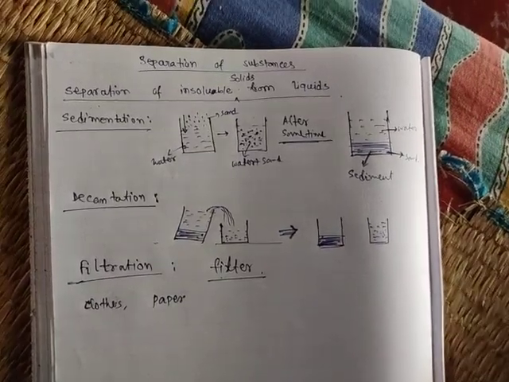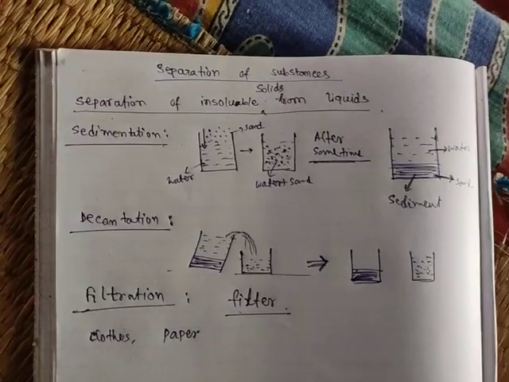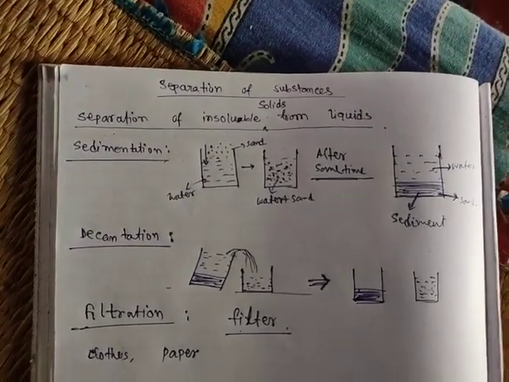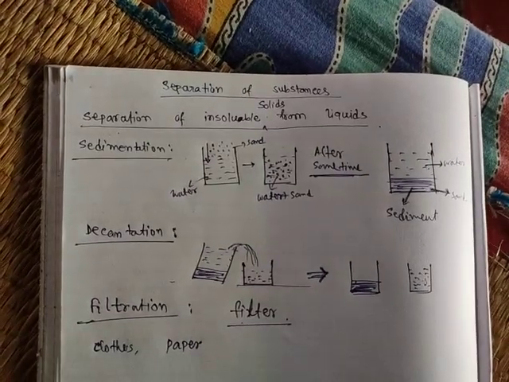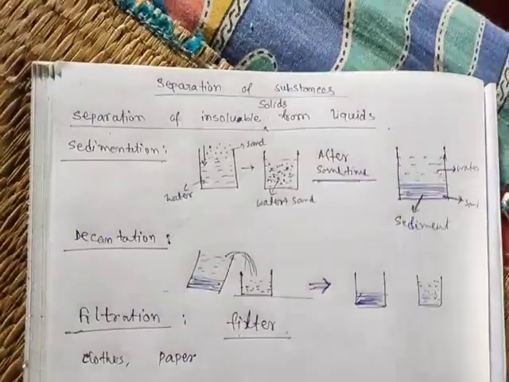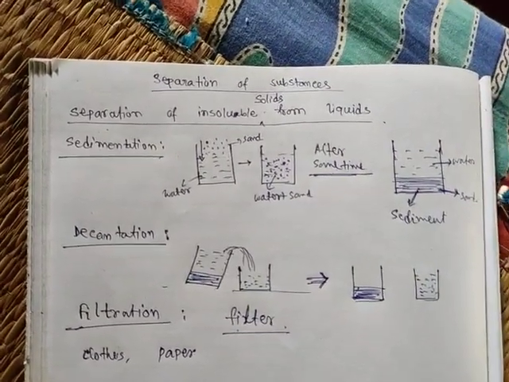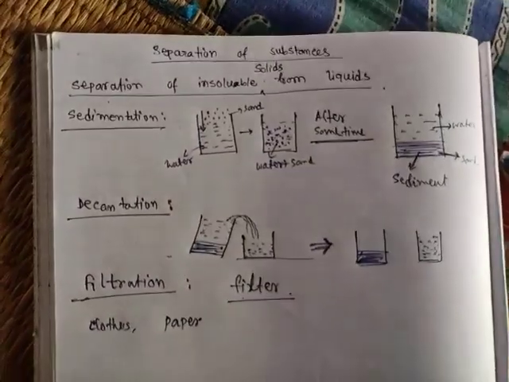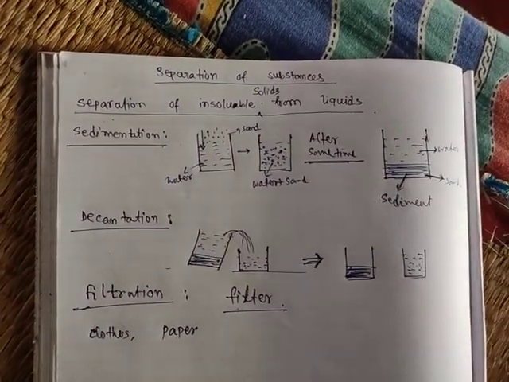When we read sieving, what is sieving? Sieving is the process by which we can separate solid from solid. Similarly, filtration is a process by which we can separate the insoluble solid from liquids. In the sieving process there was a wire mesh through which small size material can pass, but large size material cannot pass.